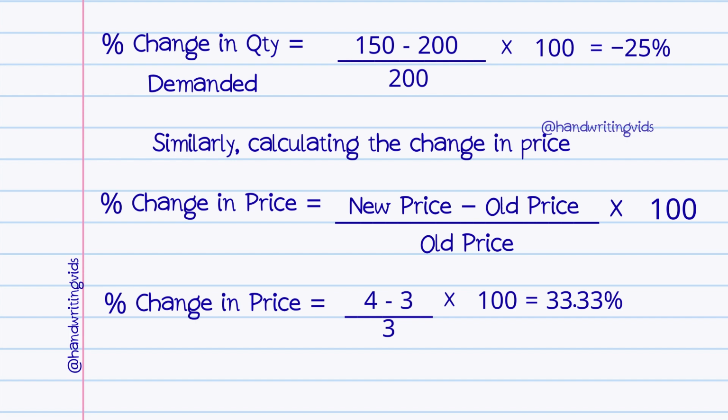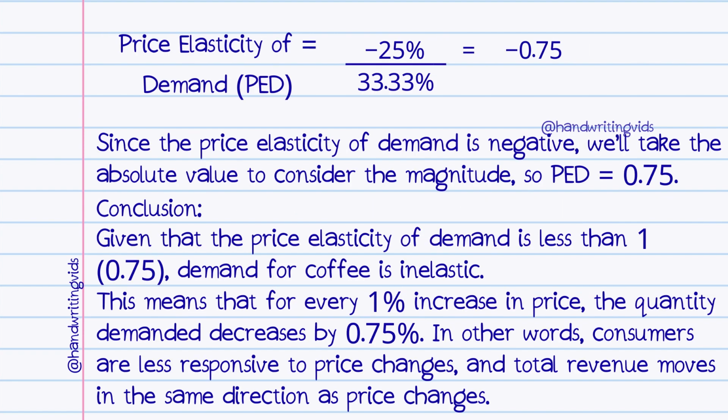Similarly, calculating the change in price: new price minus the old price, whole divided by the old price, into 100. We get the percentage change in price as 33.33%. Now, substituting the derived values in the PED formula, we get the answer as minus 0.75.